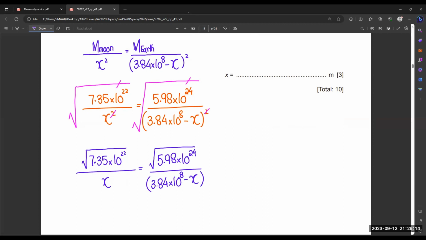Any confusion? No. So now what you need to do is just cross multiply, find the square root, and calculate the final result. I hope there will be no confusion in that. Try to solve this question after the class, and you may check the answer from the marking scheme also.